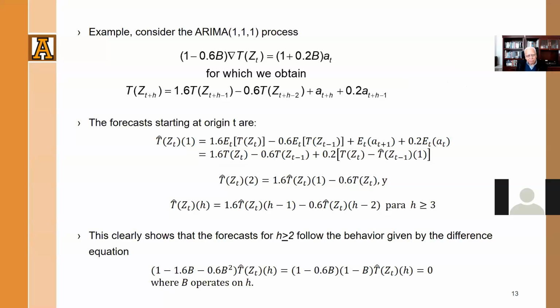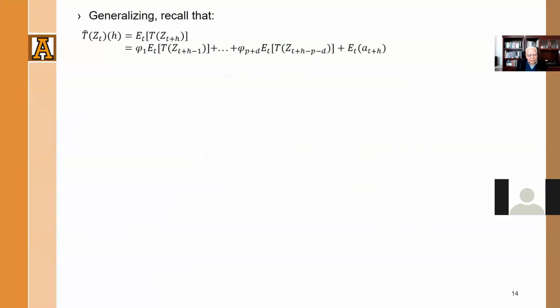Okay, so if we generalize this for any h and for any polynomial phi of B, for the difference equation, then the optimal forecast of Z_t, h periods ahead, is the conditional expectation of Z_{t+h}, h periods ahead.